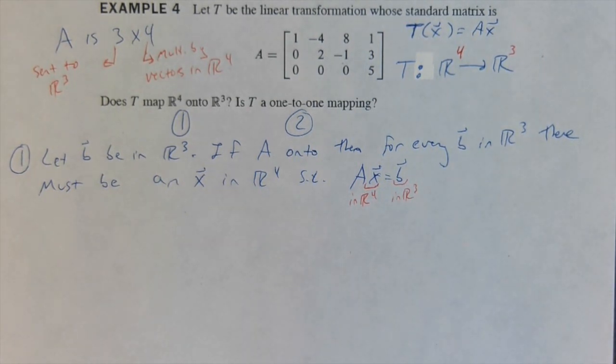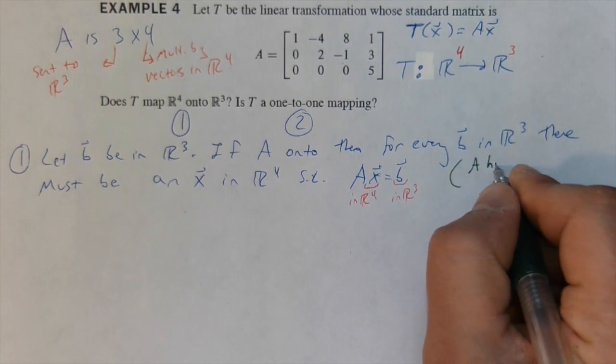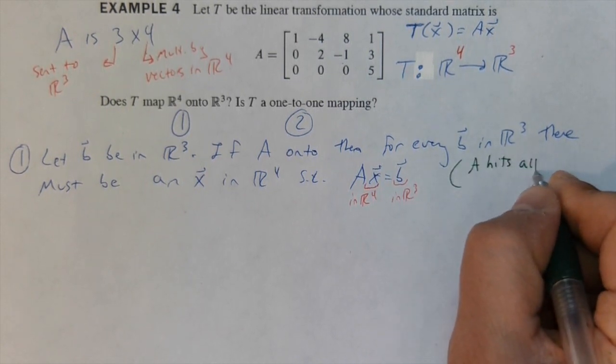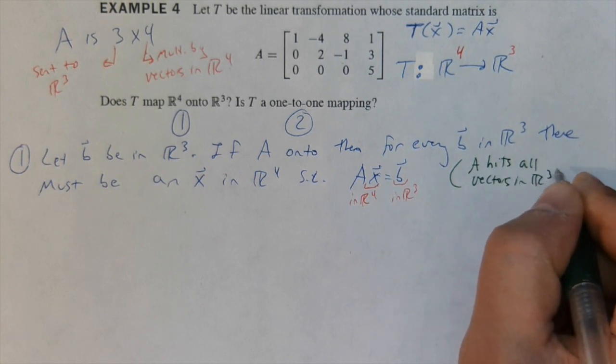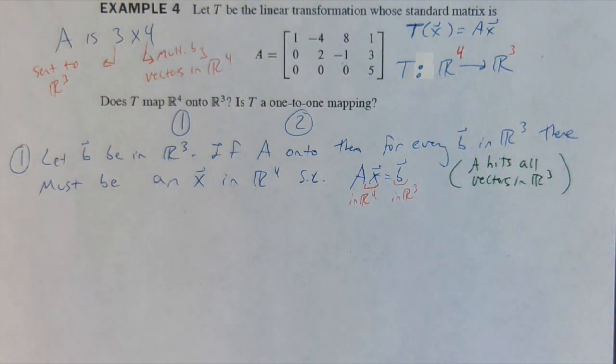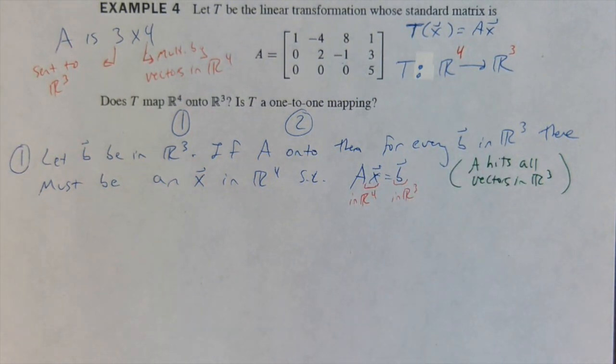And as I phrased this on the last page, the other way to think about this is that the matrix A hits all the vectors in R3. That's what I just wrote down. Every single vector in R3 has to be the solution to one of these transformations coming from R4. The other way to say that mathematically is that Ax = b will always have a solution.